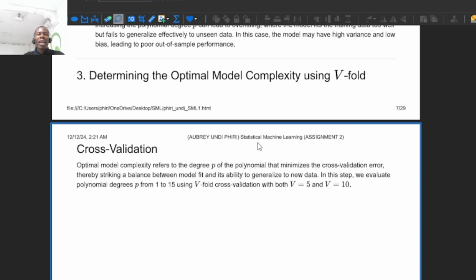Then we would train on all of those sets minus one set. Then after we get that, we calculate the risk. Then again, we would test on the other set and calculate the risk. Then we would measure how the variance differs between the different models that we have computed.